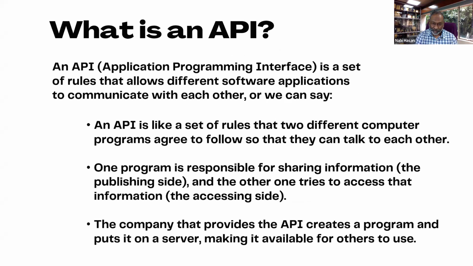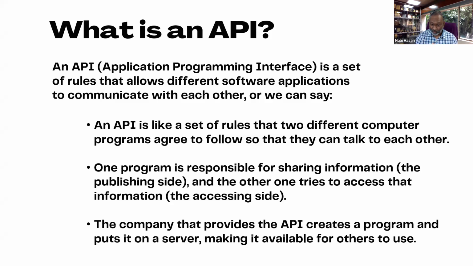So an application programming interface, as you understand, is a set of rules that allows different computer systems, connected through the internet, to communicate with each other. Or we can say that an API is a set of rules that two different computer programs agree to follow for mutual benefit, and they can talk to each other using APIs.